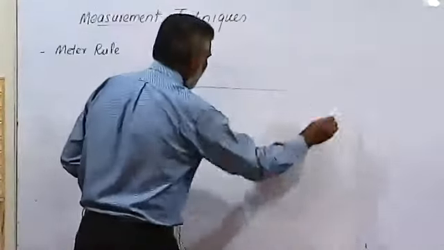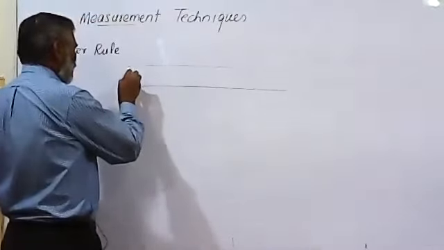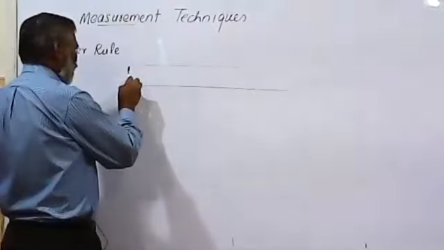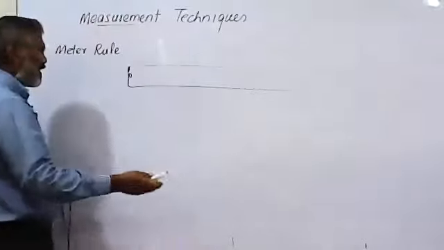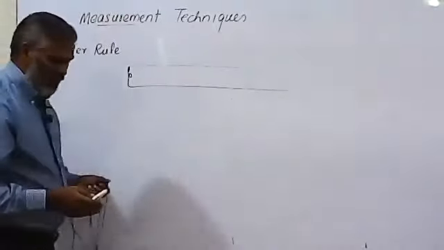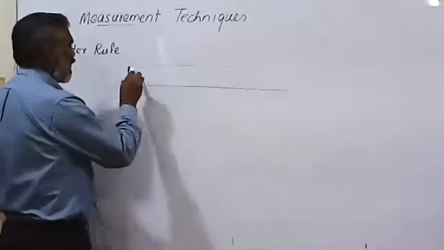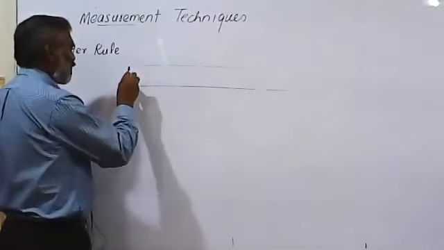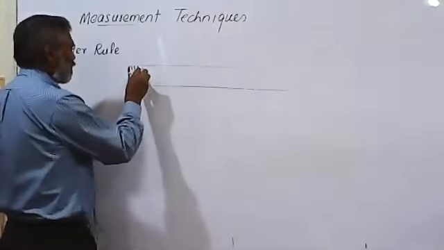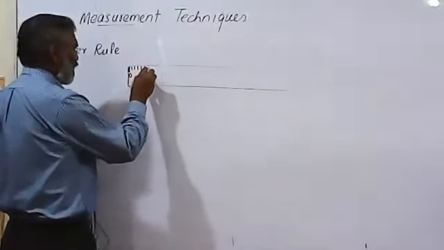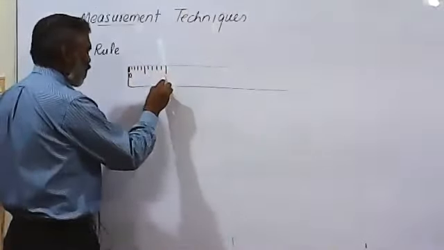A meter rule looks like this, and if I start from this side, it has a 0 here, and from this 0 we have a centimeter scale on it, and each centimeter is divided into exactly 10 millimeters. So if I show a millimeter scale on it, it should look like 1, 2, 3, 4, 5, 6, 7, 8, 9, and this is your 1 centimeter.